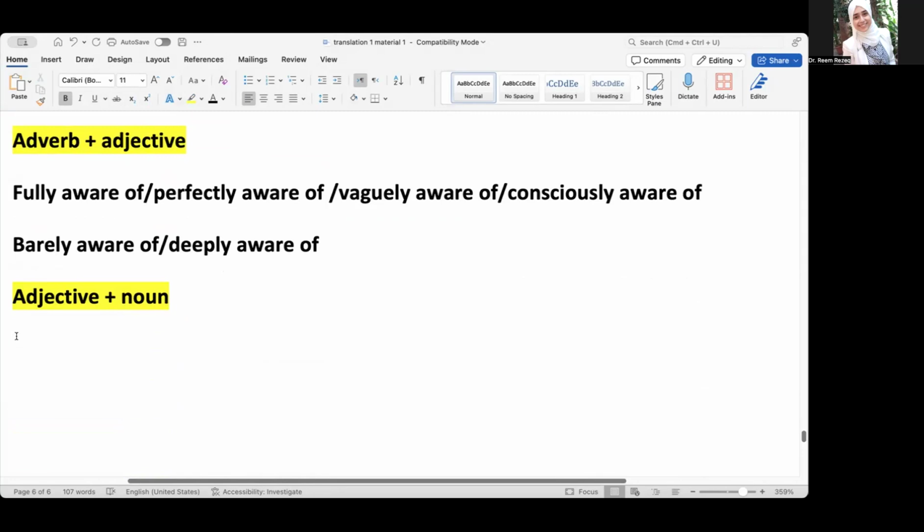Here we can say severe headache, for example. You can say wild headache, not severe, let's say here, for example. Bad headache.